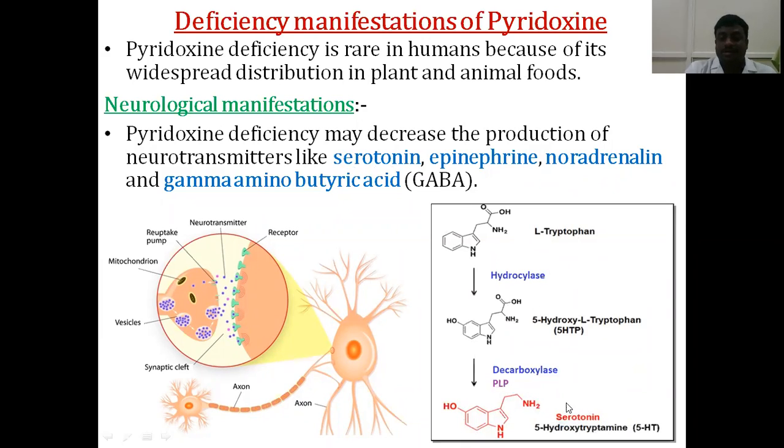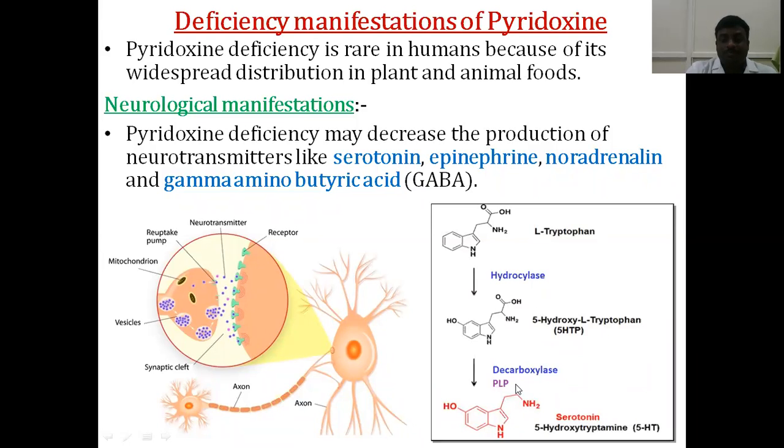Serotonin synthesis depends on tryptophan. Tryptophan is converted to serotonin in the presence of the enzyme decarboxylase along with coenzyme pyridoxal phosphate.